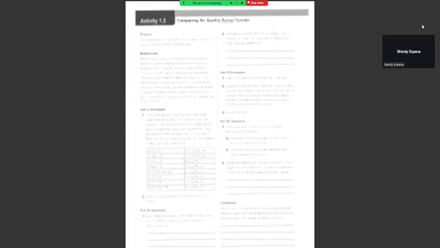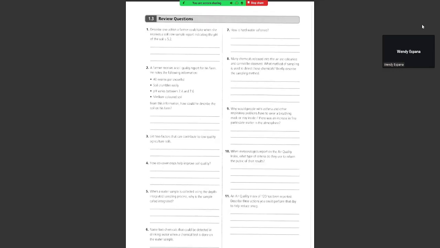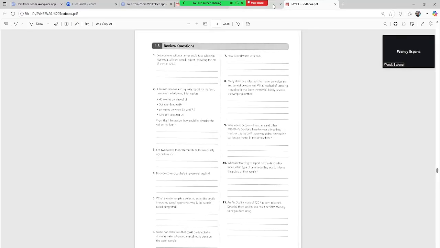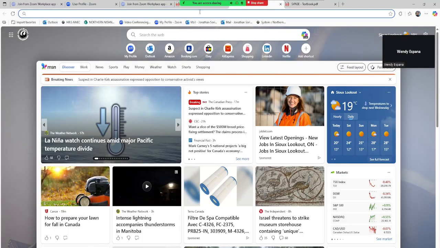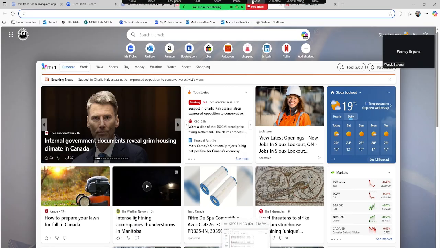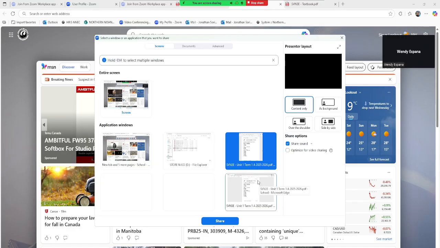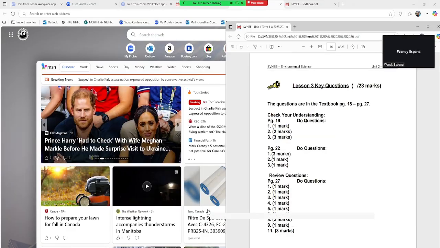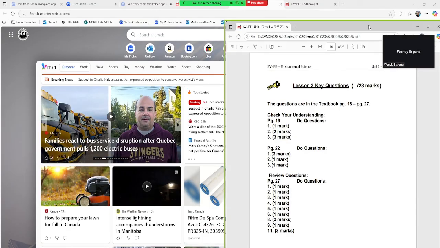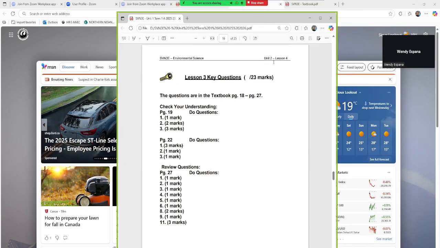Okay, if we go down here, we can see next, on page 27, we're on the review questions. Now, before we do the review questions, I just want to show you the pages from the booklet that show the key questions.